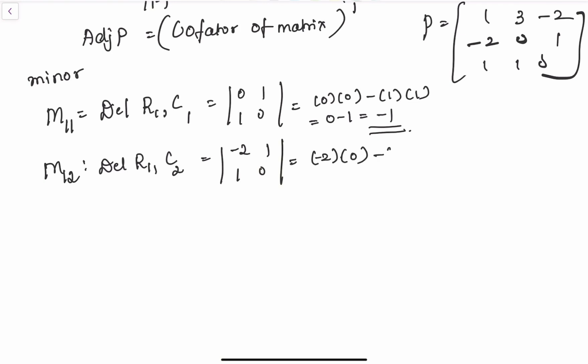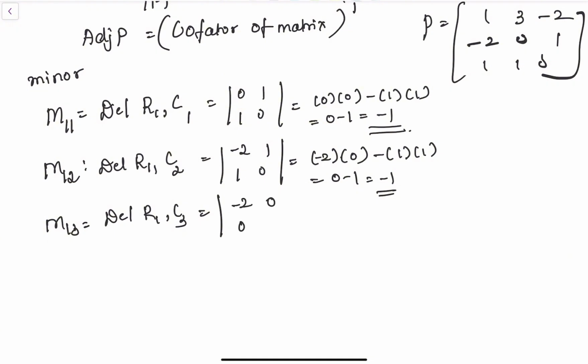So it will be 3 into 0 minus 1 into minus 2. Now m13, I have to delete row 1 and column 3. So what will I get? It is 3, 0, minus 2, 1. After this we do the multiplication: 3 into 1 minus 0 into minus 2. So you will get 3 as the value.